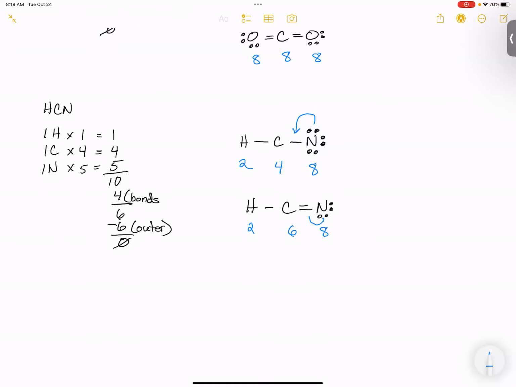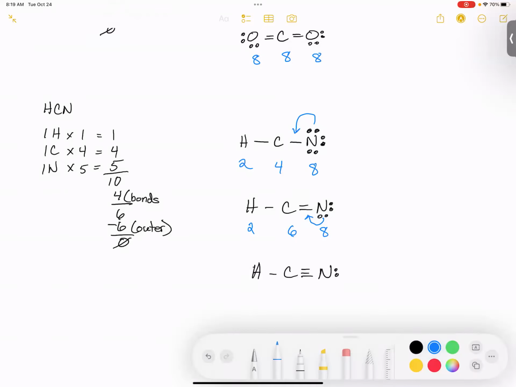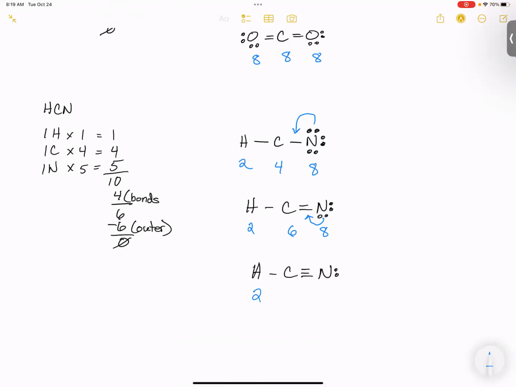So we're going to have to share another pair of electrons. And again, they're going to have to come from the nitrogen because the nitrogen's the only one that has any electrons. So you have HC triple bond N, where the nitrogen still has a lone pair. Because I altered this, I asked, does everybody have an octet? The hydrogen still has its 2.